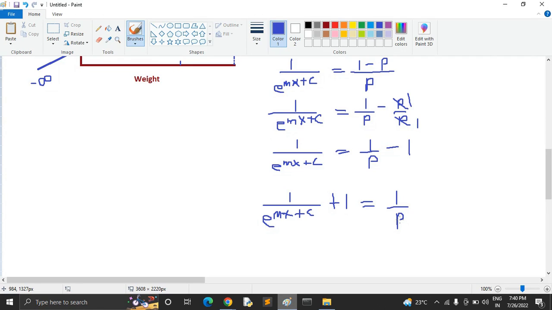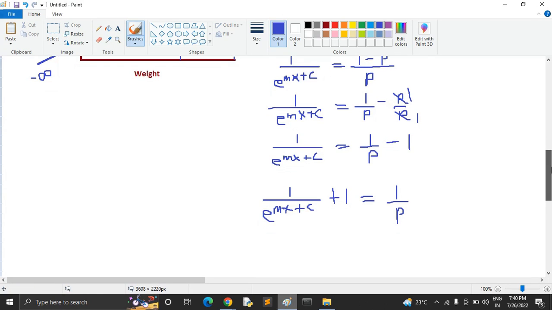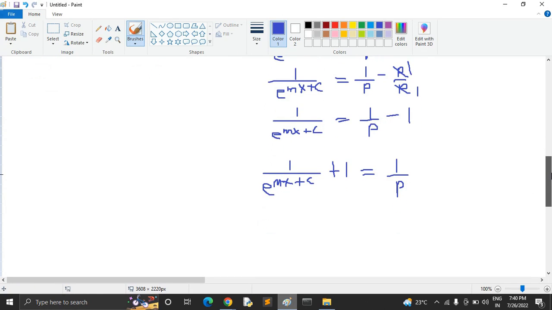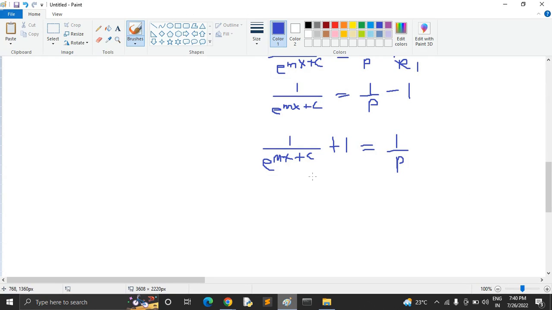Now again I will rearrange this equation properly. Also I will do cross multiplication. So I will multiply this e to the power mx plus c by 1, and I will multiply this 1 by the denominator over here.